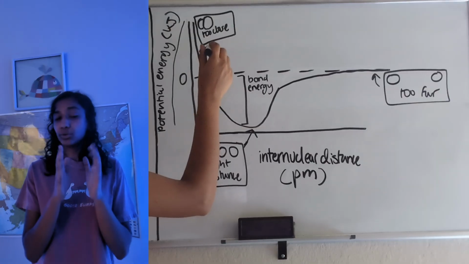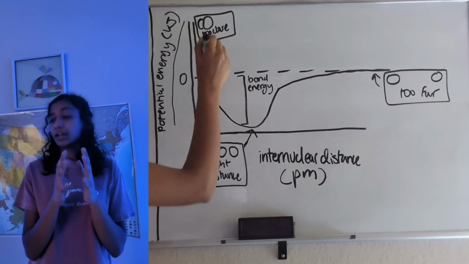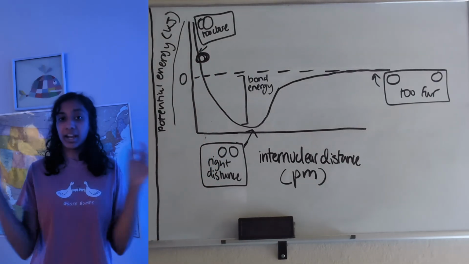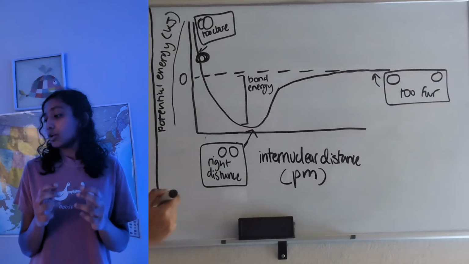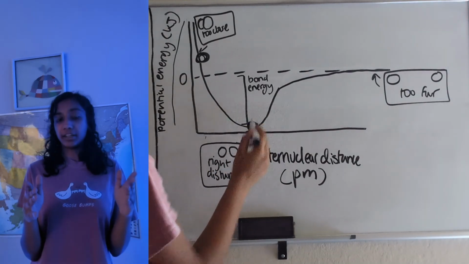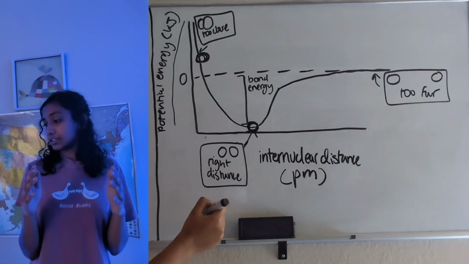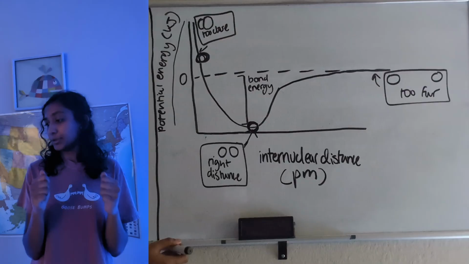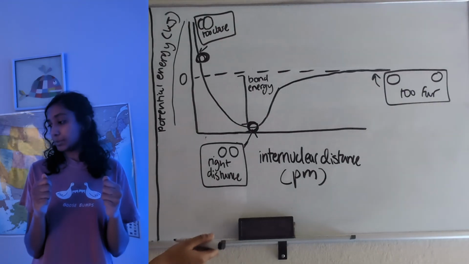When 2 atoms are too close to each other to make a bond, potential energy is really high, since repulsive forces are trying to push the atoms away. When potential energy is at its lowest, in its dip over here, a bond is formed. This extremely low potential energy means that the atoms are in their most stable state, meaning that they formed a bond.